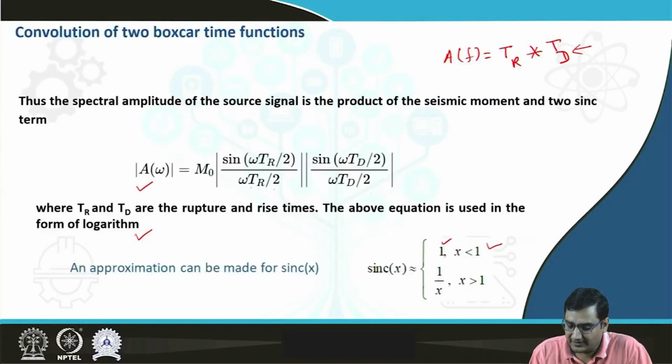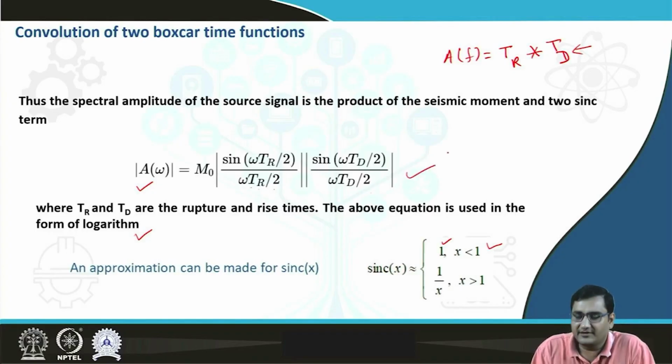So this particular source time function is just the multiplication of two sinc functions of TR and TD.